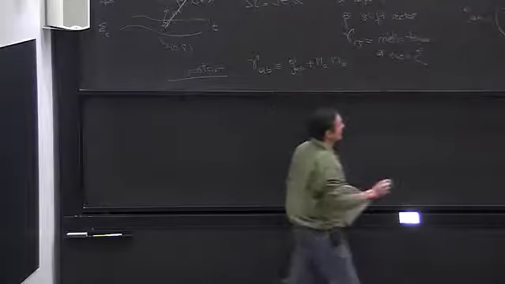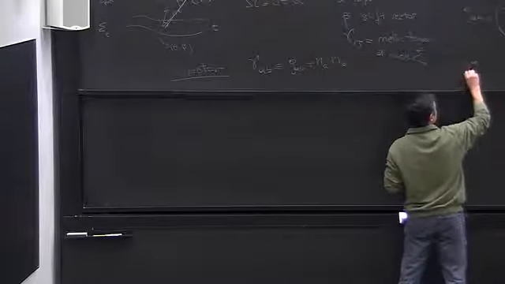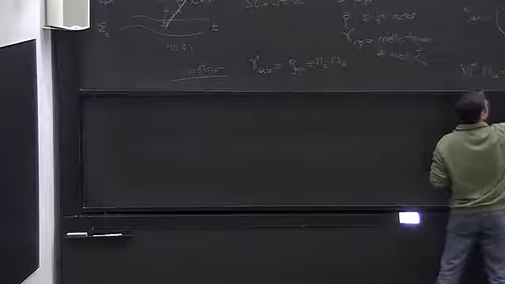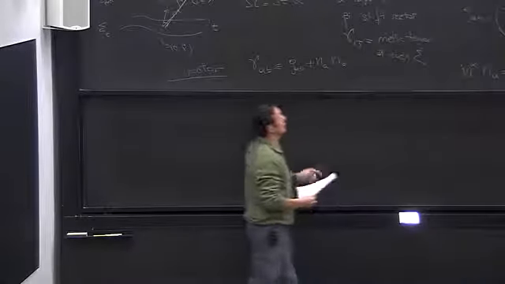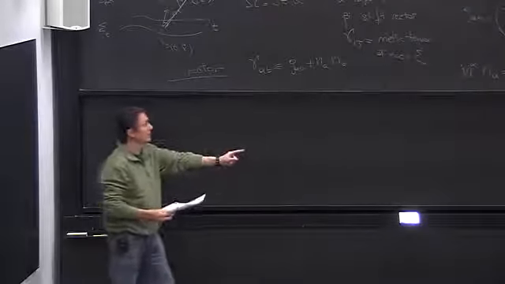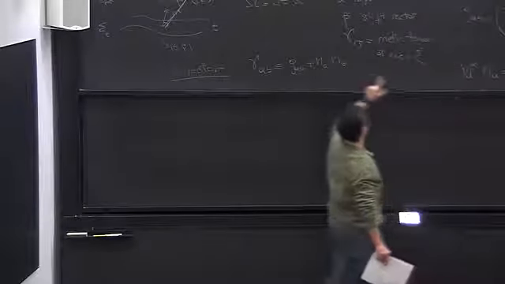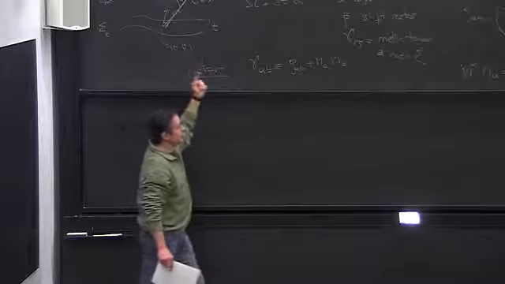Because n^a satisfies, given my signature, so it's unit normal. I'm choosing the signature to be minus plus plus. n was orthogonal to a spatial hypersurface, and because of that, it's timelike.